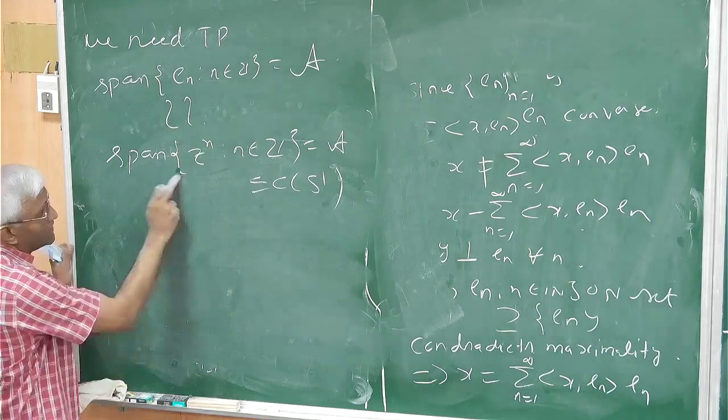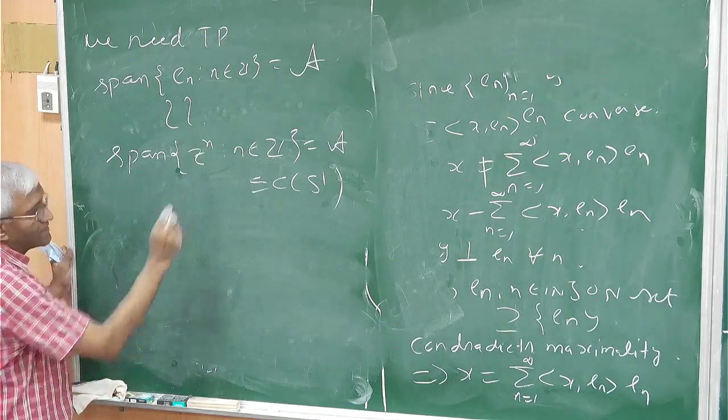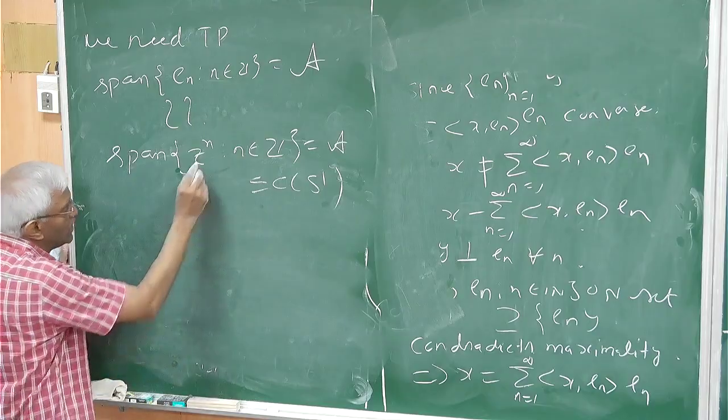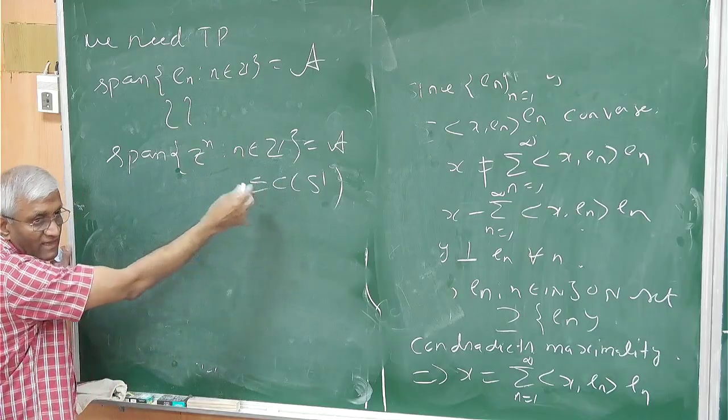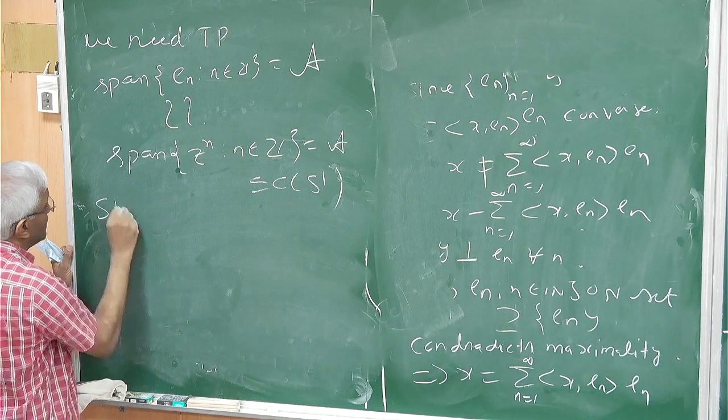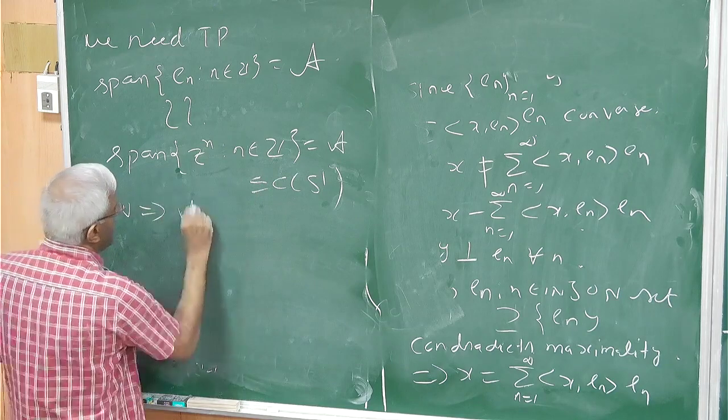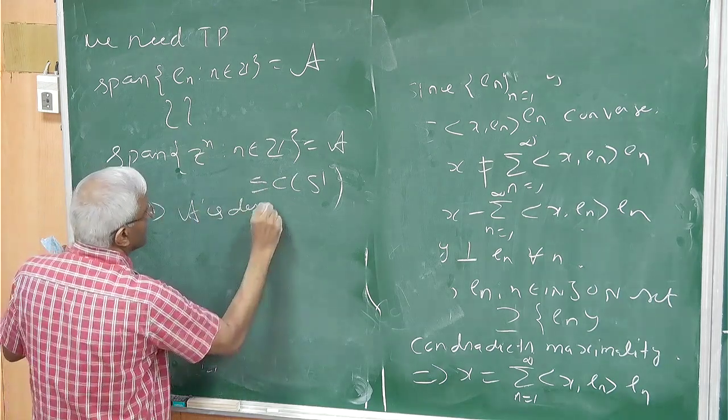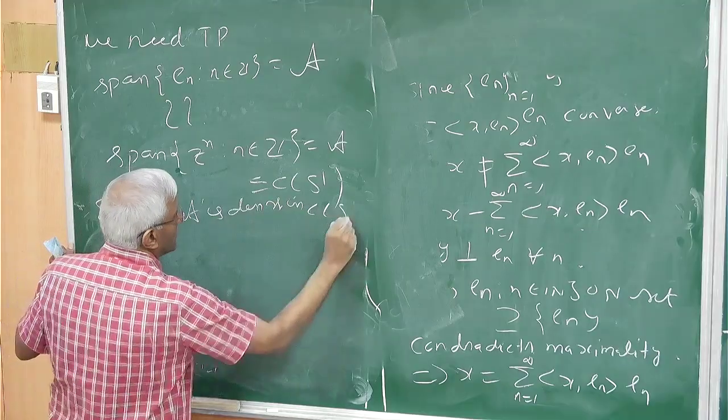This is an algebra, contains constants, contains conjugates because it's taken over Z. So Stone-Weierstrass implies that A is dense in C of S1.